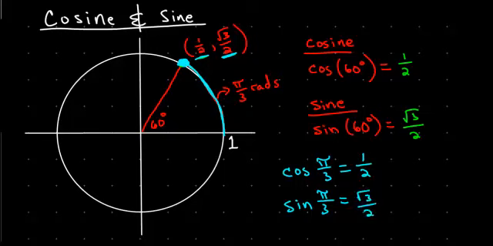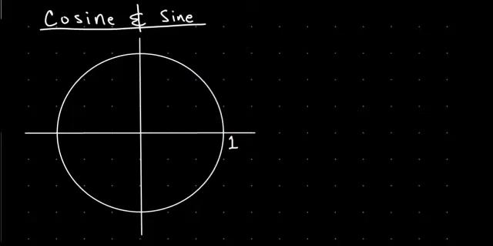Okay, let's try another one. Let's look at the sine and cosine of, let's say, 30 degrees. 30 degrees is pi over 6 radians. So the cosine, let's look at our point here.